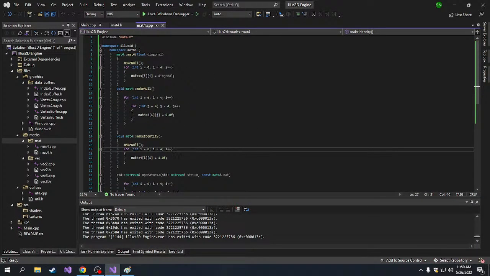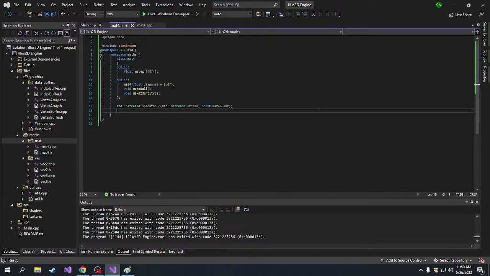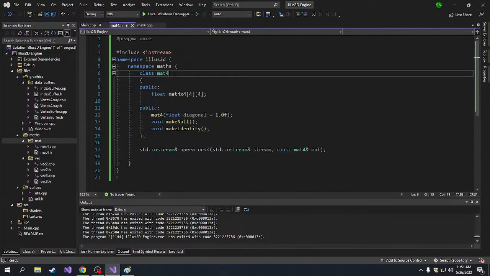Now the way I actually thought about it before I started streaming, because making a matrix class is actually a giant project. Basically the way I want to tackle this is I'm going to make this mat4 class that we have right now our pattern class, and I'm going to make more classes for scale, rotate, and translate, and they are basically going to inherit from this mat4 class, because these functions right here, make null and make identity, are mandatory functions that every single matrix class must have.